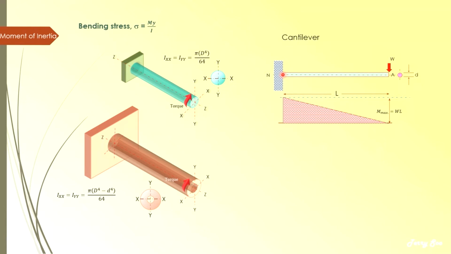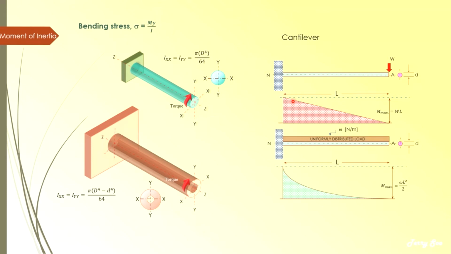Just like you are taking bending moment at this point here, at the laser pointer, you will have W times L. So the shaft or the beam will bend in this manner. So the maximum bending that takes place will be at this point, and it is given as W, that is the force in Newton, multiplied by the length, which is in meter or in millimeter.